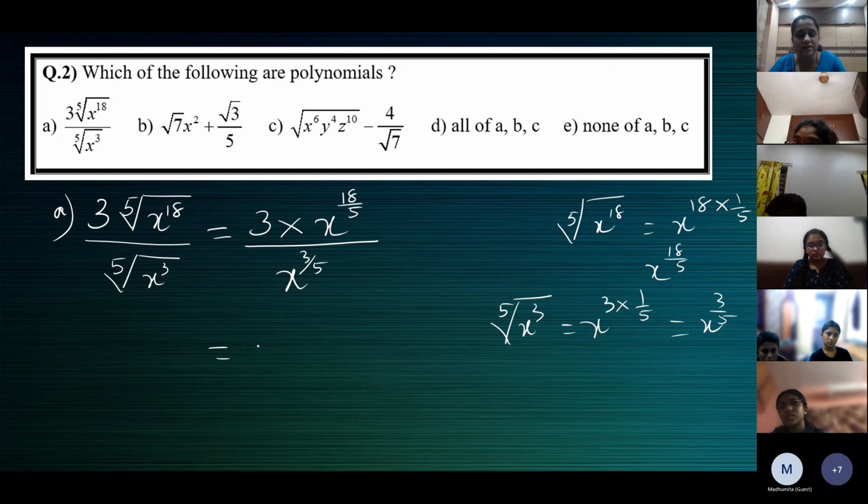Now, by the law of exponents, when bases are the same and it's division, you have to subtract the powers. So x to the power 18 by 5 minus 3 by 5.